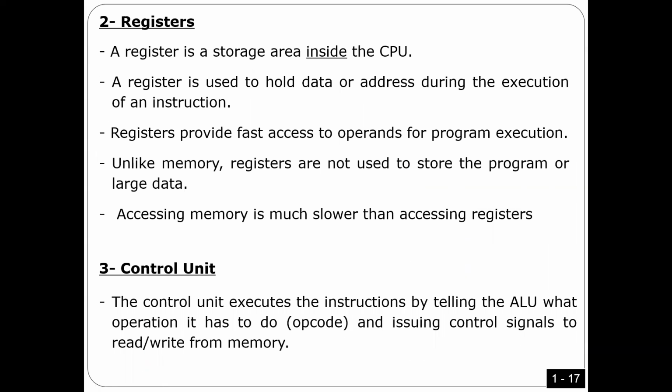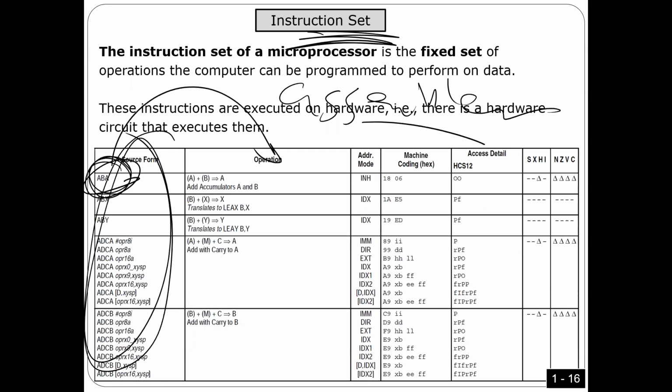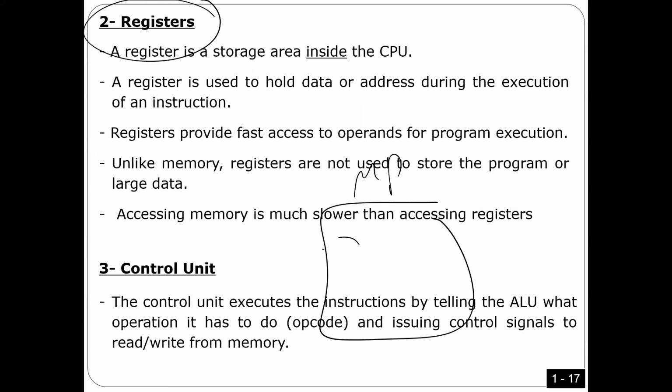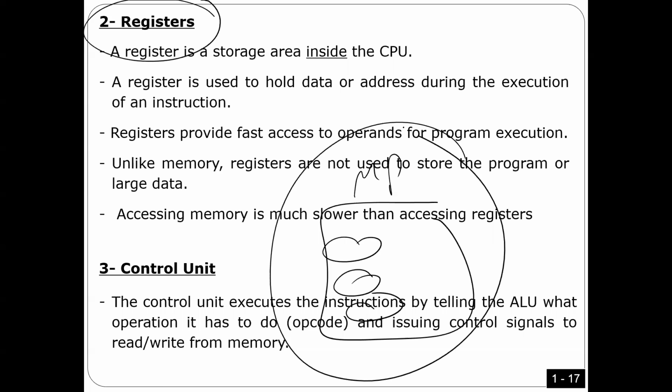One more thing I explained last time. I explained what we call registers. I told you registers are inside the microprocessor. There are some storage units inside the microprocessor, and these registers help the microprocessor to execute instructions.